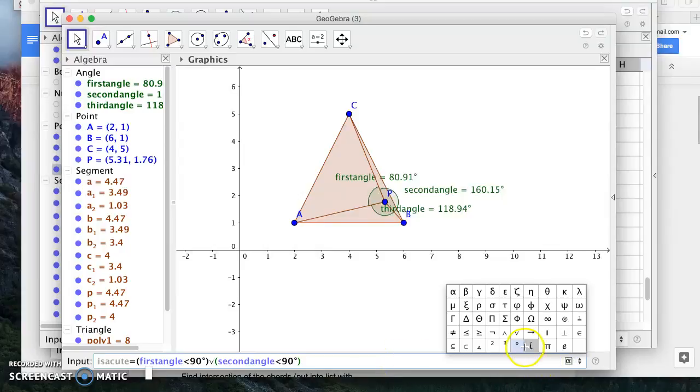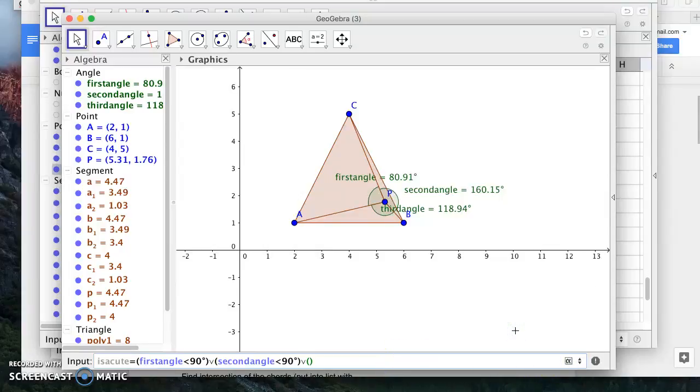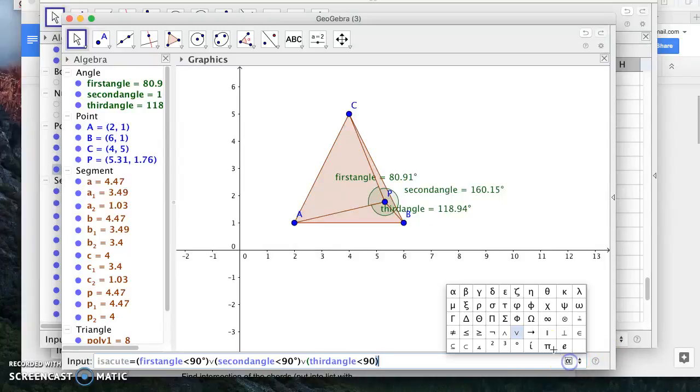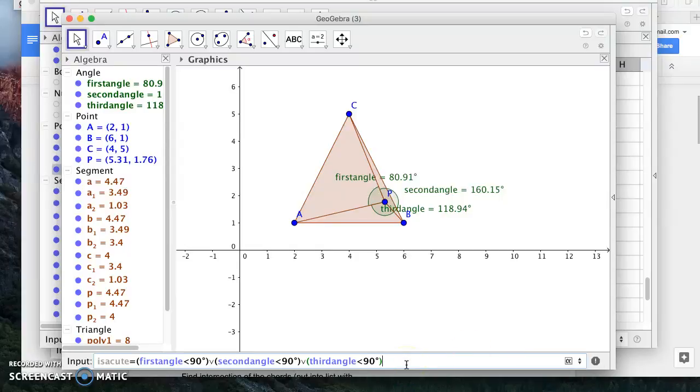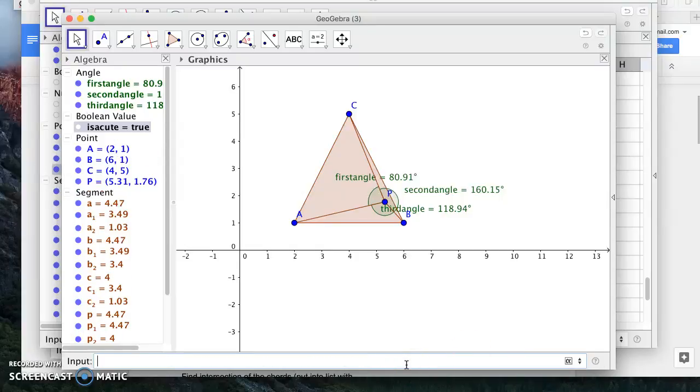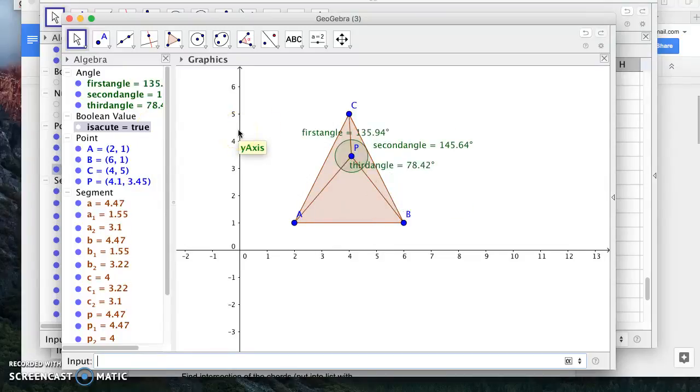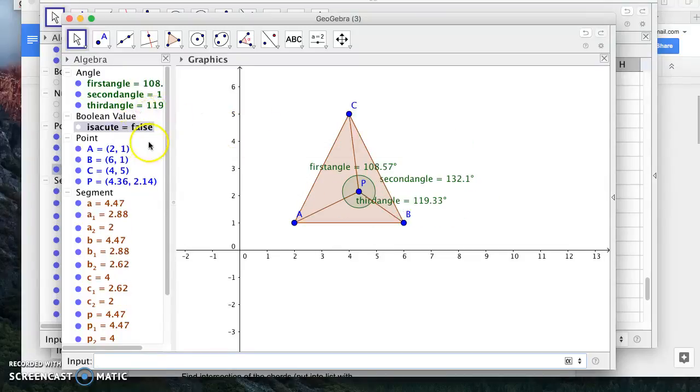And lastly, I'm going to do another OR where the third angle is below 90 degrees. And so if I hit enter, I should get this Boolean value where isAcute comes up either as true, where there is an acute angle in the triangle, or if I keep going, now it says false, meaning that there are no angles that are below 90 degrees.